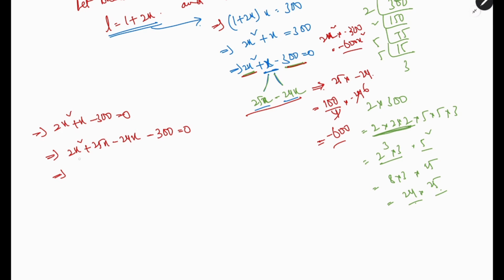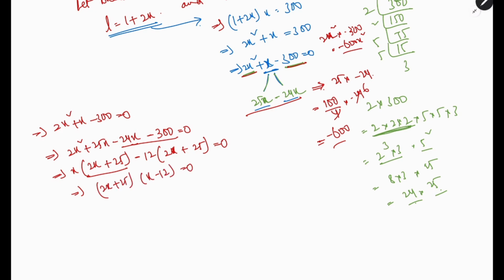Take here x common. x into 2x plus 25 minus, take here 12 common in these two terms, minus 12 into 2x plus 25, 12 into 25 is 300, equal to 0. See, this is 2x plus 25 into x minus 12 equal to 0.